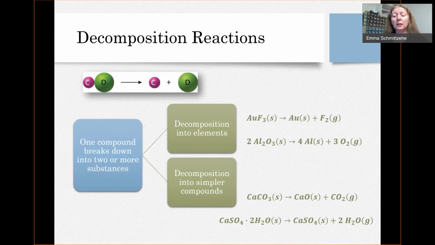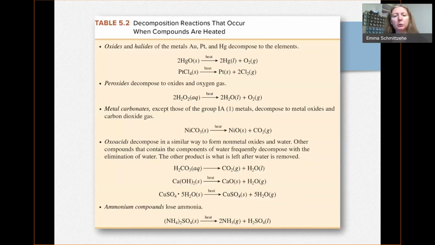If it's an incomplete decomposition, where you get just smaller molecules, usually you'd be told what you get. But there are different resources that'll tell you some general information about what things tend to decompose into, and I've got a table here that gives you some information.